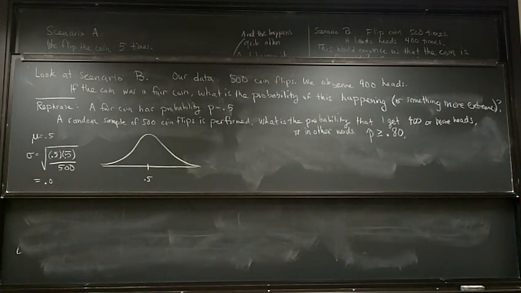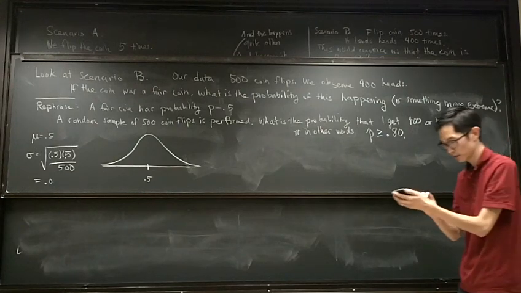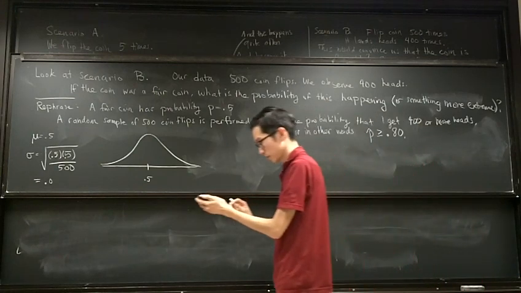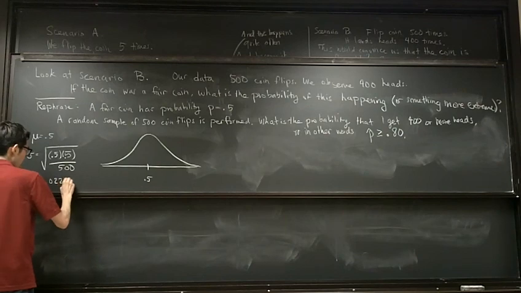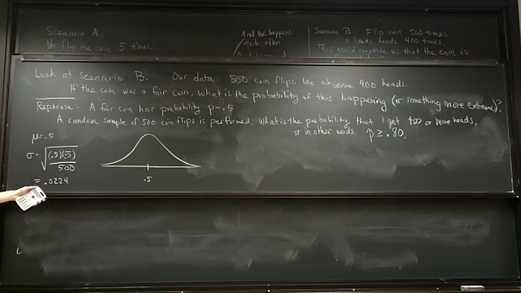Just four decimals: 0.0224. That's good. Okay, so my standard deviation is 0.0224.